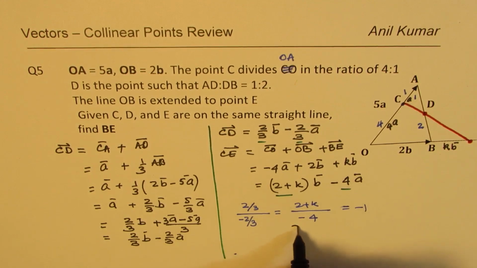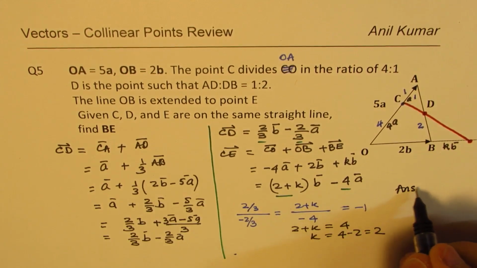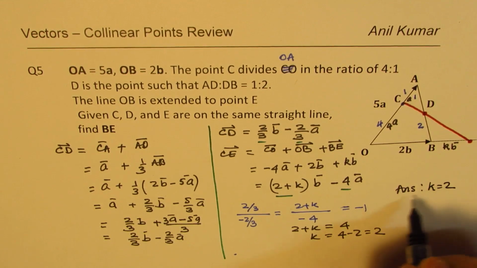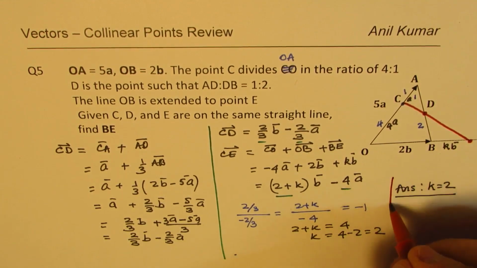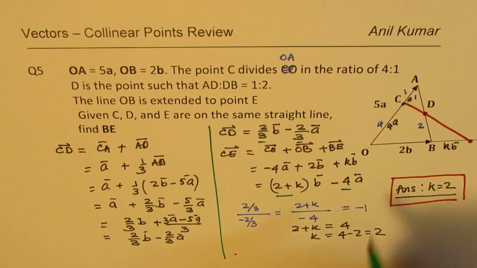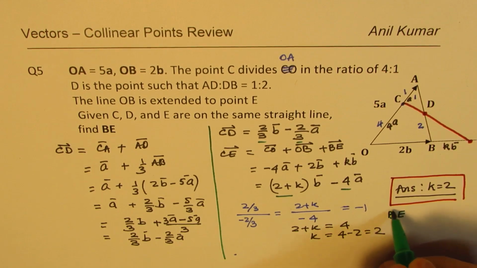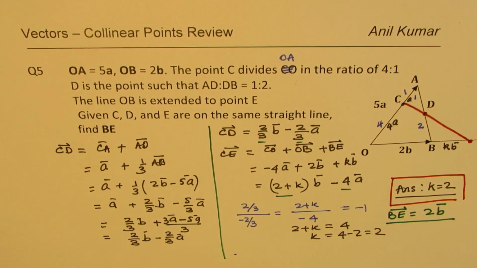When you cross multiply, you get 2 plus K equals 4, or K equals 4 minus 2, which is 2. So we get our answer, which is K equals 2. Perfect. So that is how we are going to find the vector. So the vector BE is equal to 2B. So that becomes our result.